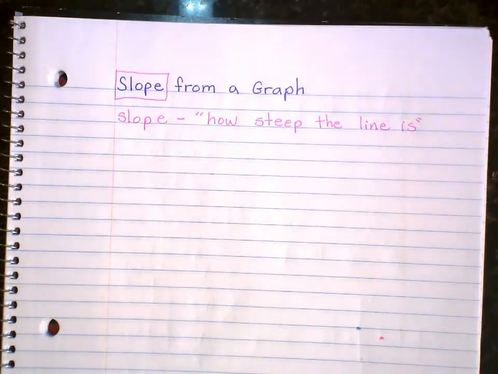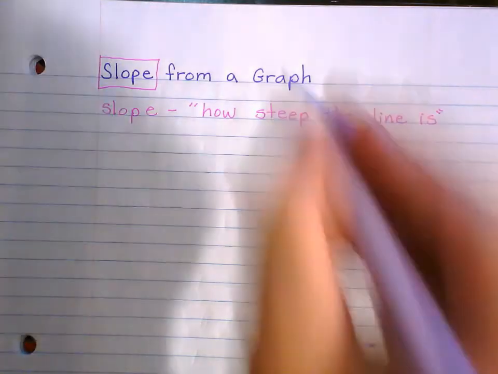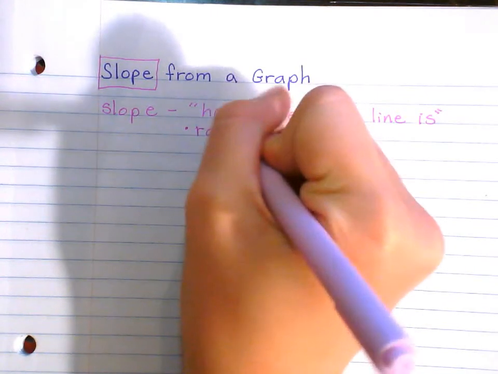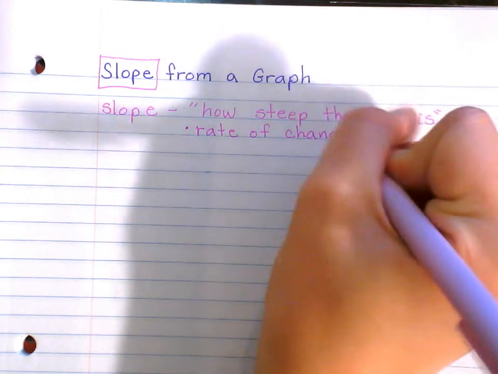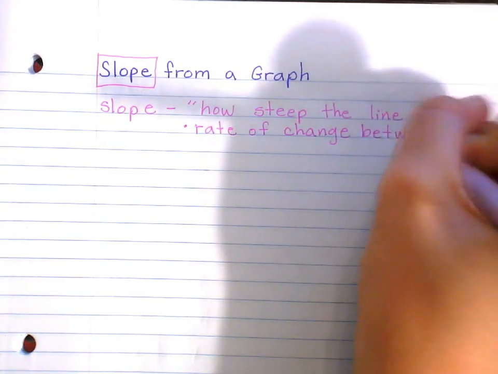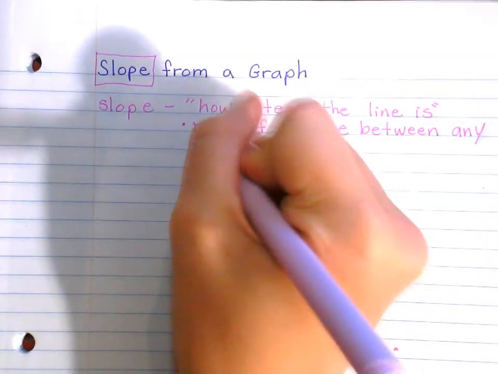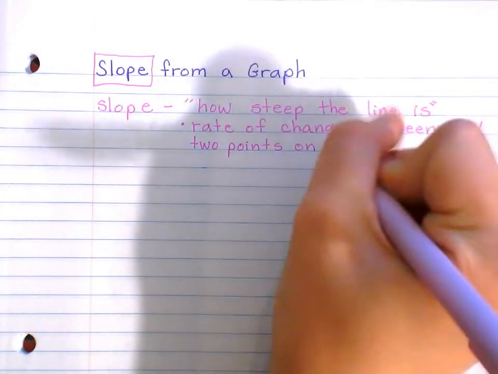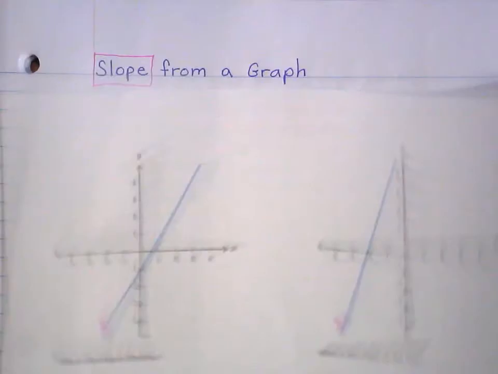Now, the proper definition is that the slope is the rate of change, so the rate that it changes, the rate of change between any two points on a line. Okay, so for example, going back to the first graph we're going to look at.